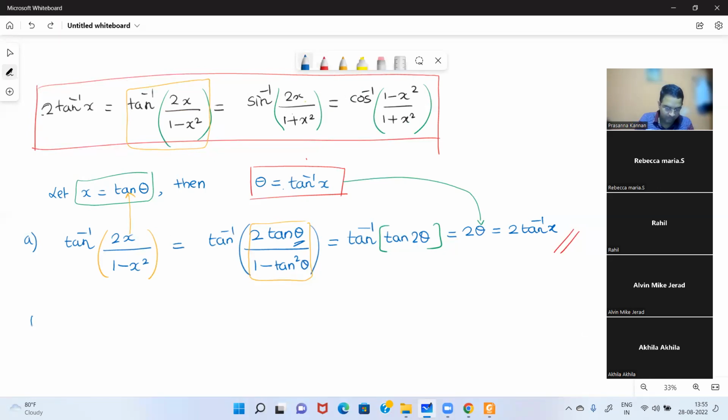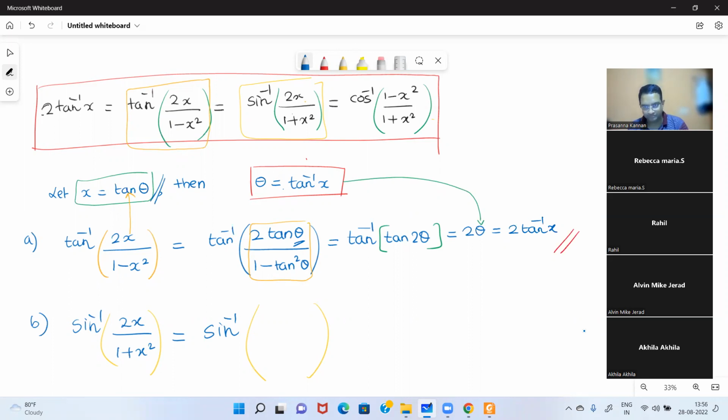Now similarly, we will take the next one. Sine inverse of 2x by 1 plus x square. What have we taken x as? Tan theta.